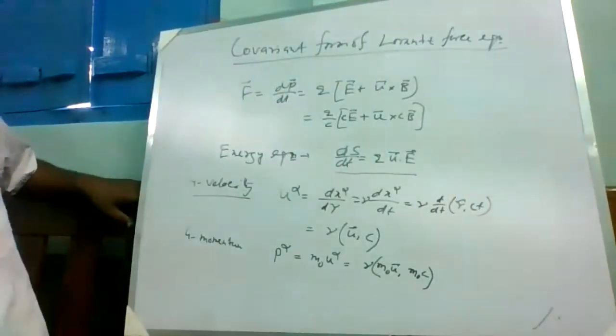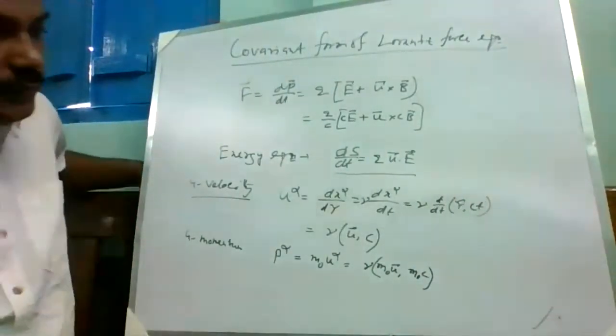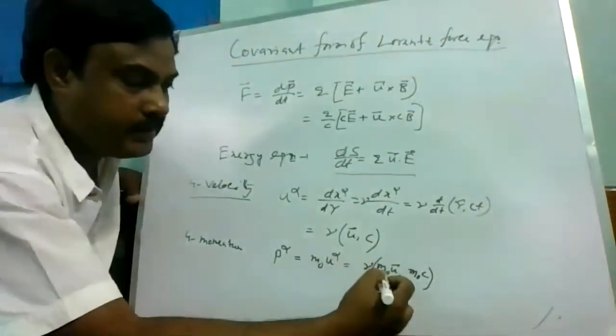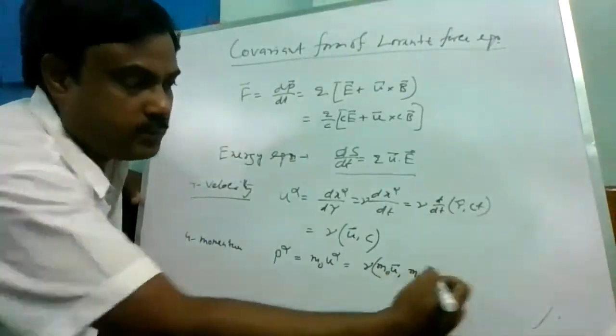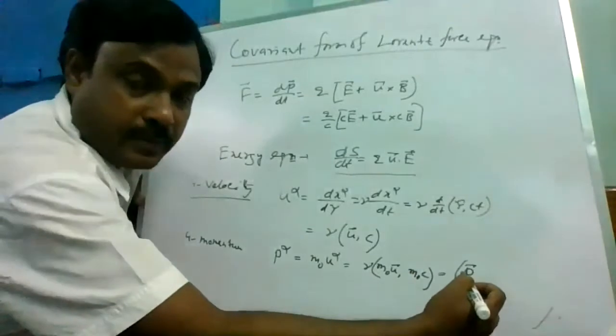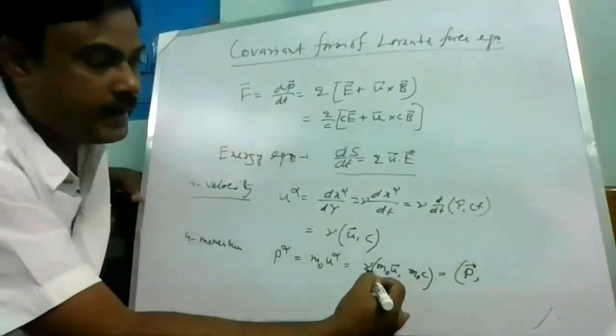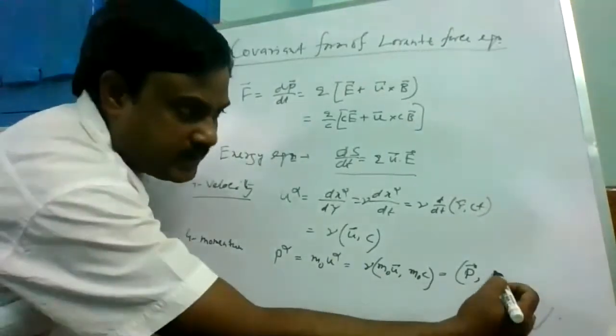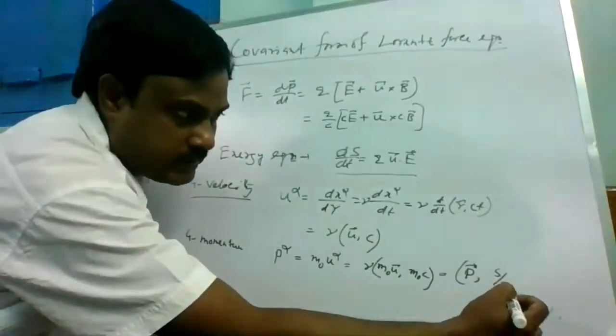If gamma m0 equals m, then this will be p, the three-momentum, and gamma m0 equals m, so mc squared equals the total energy, that means S by c.